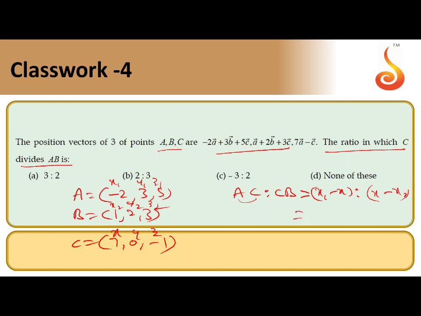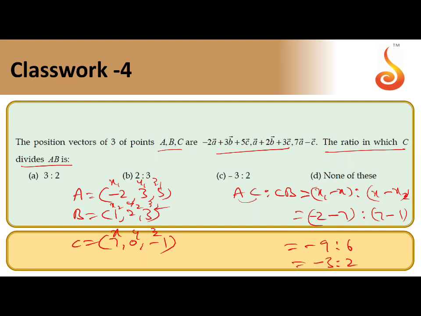Or you can take y coordinates or z coordinates, you get the same answer. X1 is minus 2, x is the x coordinate of C, 7, is to x minus x2, and x2 is 1. So now minus 9 is to 6. You can cancel with 3 table. So 3 3s and 3 2s. Minus 3 is to 2 is the answer.